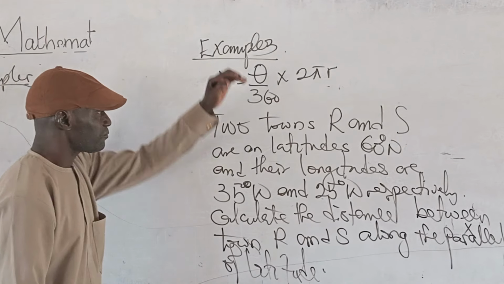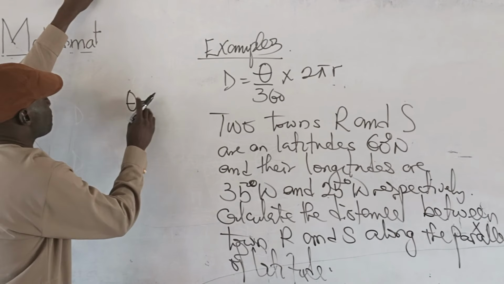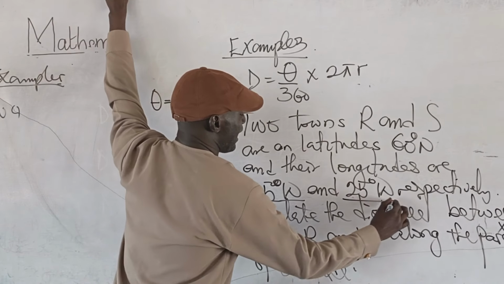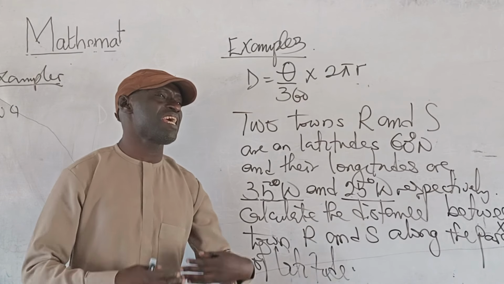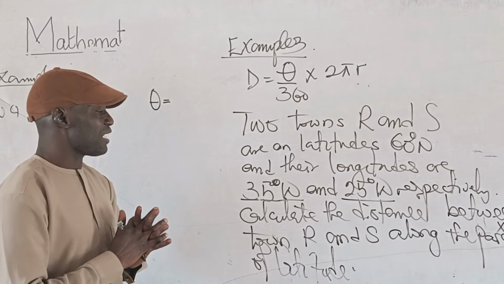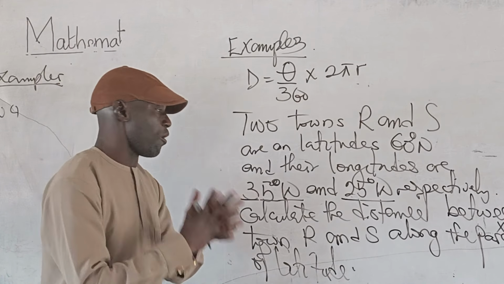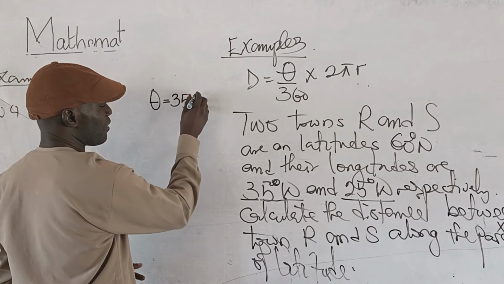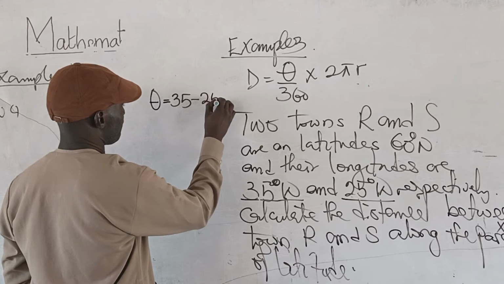So what to do now is to work on the angular aspect. What's the angular aspect? We have 35 degree west and 25 degree west. You can see the two are in the same direction, the same location. If they are in the same location, what to do is to subtract, which is 35 minus 25.